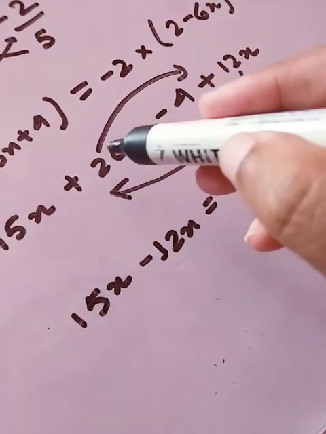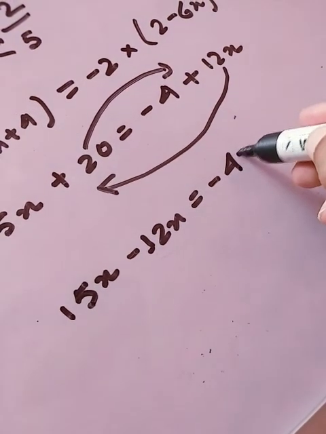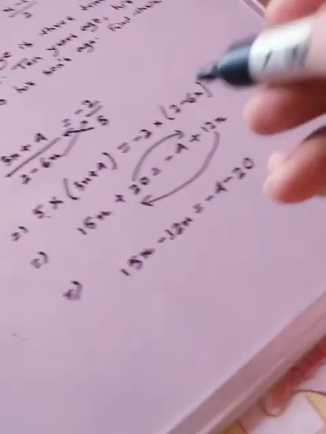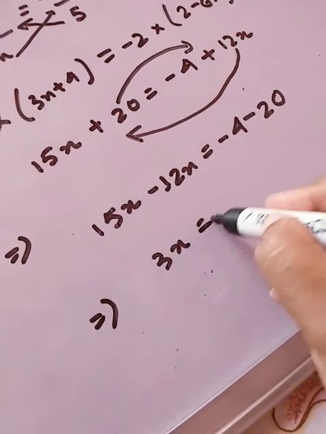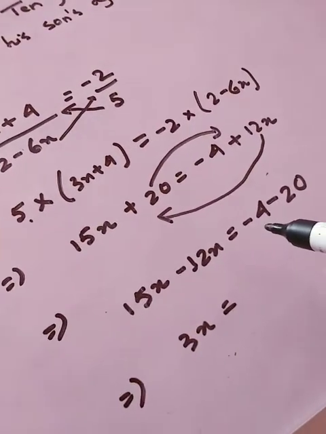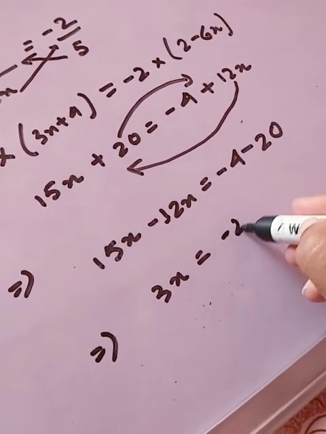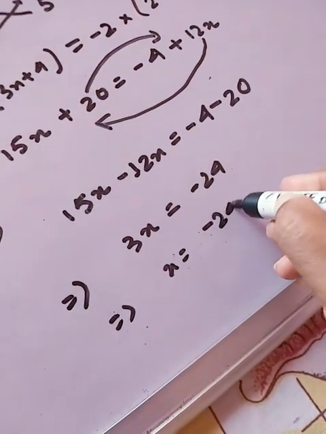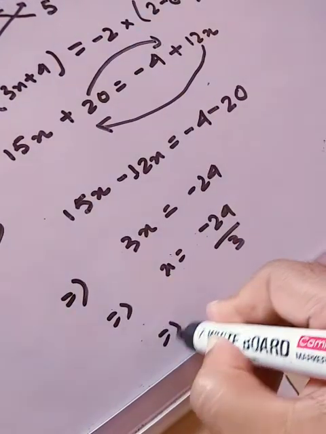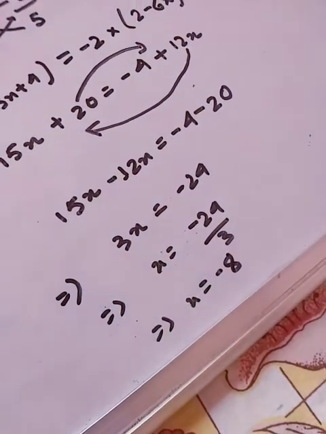Now plus 20 will become minus 20. Now this would be 3x, isn't it? And this will be minus 24. So x would be minus 24 upon 3. So x is minus 8.